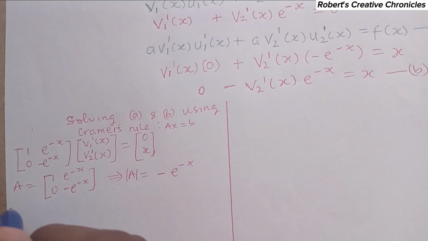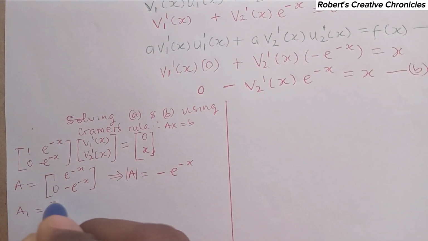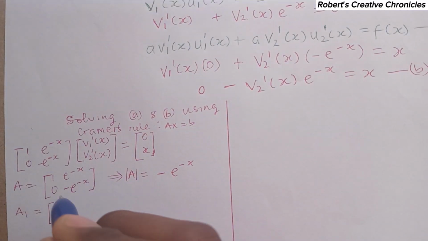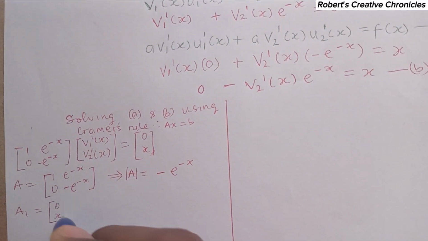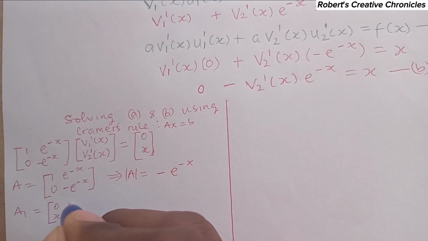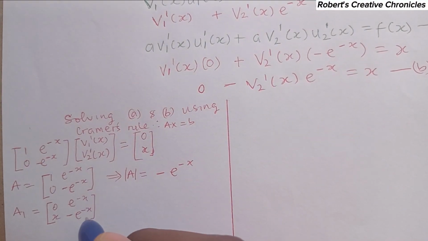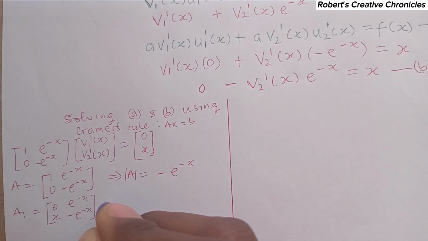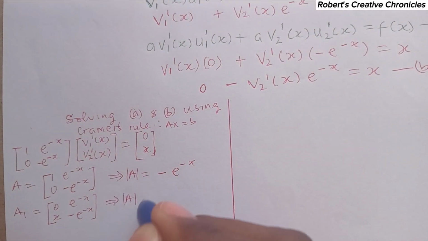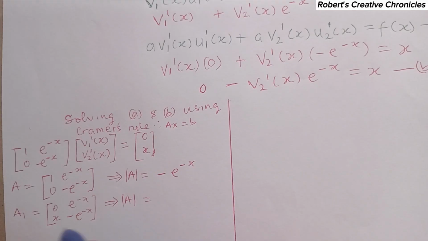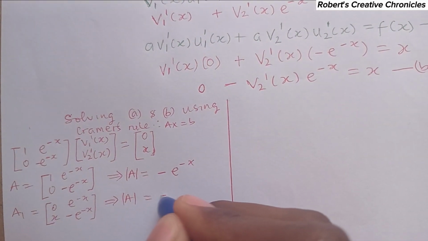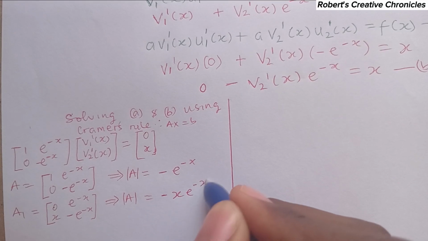Then a1 will replace the first column with this, so it will be 0, x, then exponential minus x, negative exponential minus x. So the determinant is this, which is 0, minus this, so it will be negative x exponential minus x.